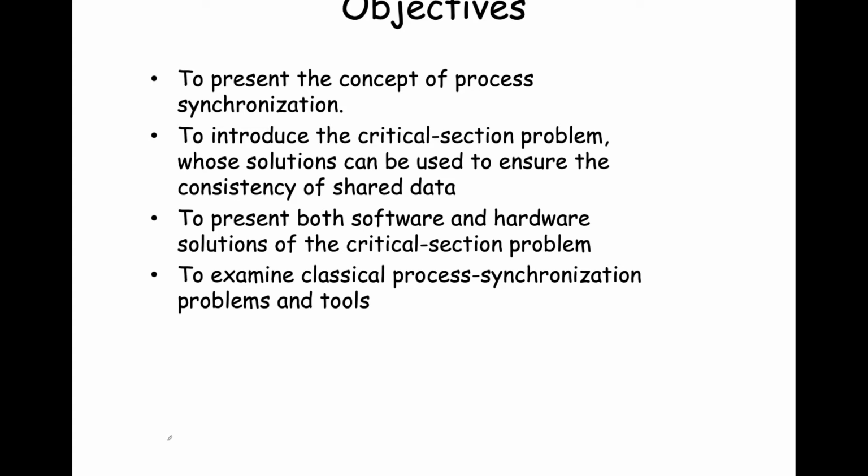Now, I'm saying processes here, but I mean threads or processes, schedulable entities. It also presents both software and hardware solutions to the critical section or CS problem, and also examines classical process synchronization problems and tools for the solution to those problems.